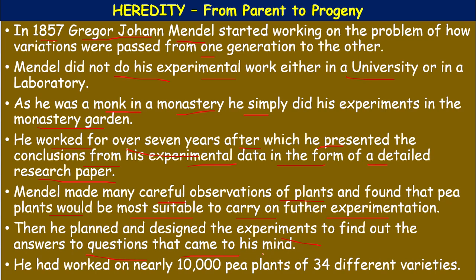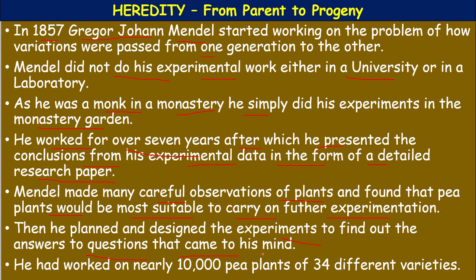So, he has not conducted these experiments in the laboratory or in the university. Based on his knowledge, as he was a monk, he conducted his experiments in a monastery garden. Several plants he studied, but he chose the pea plant because he observed many variations in the pea plants.